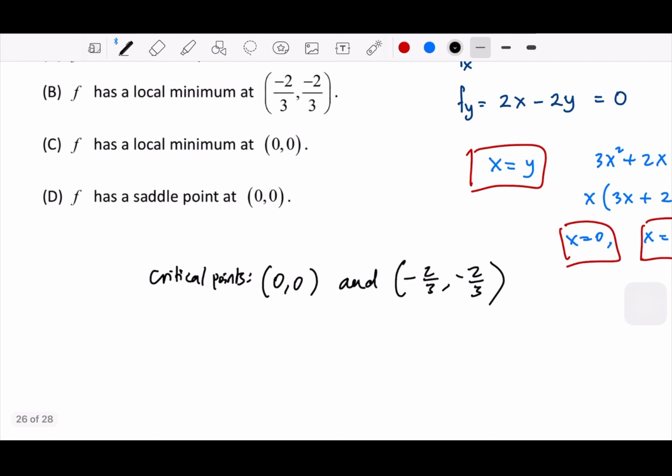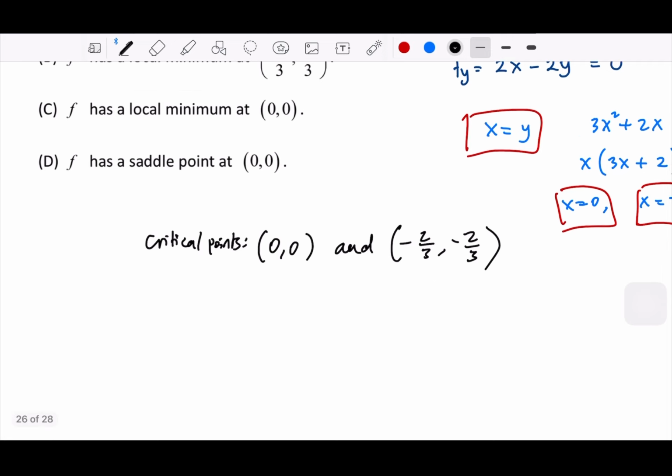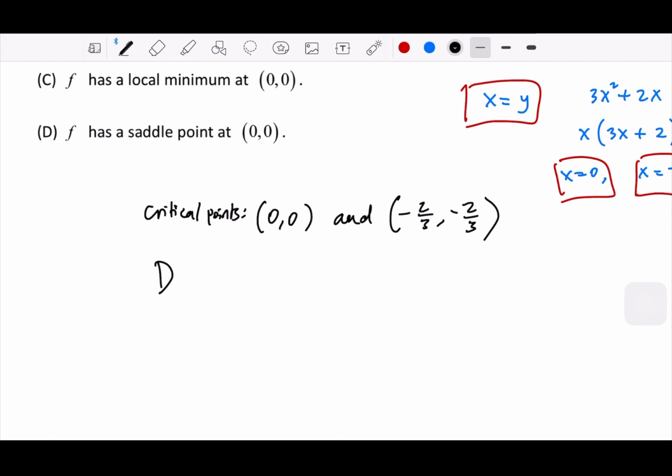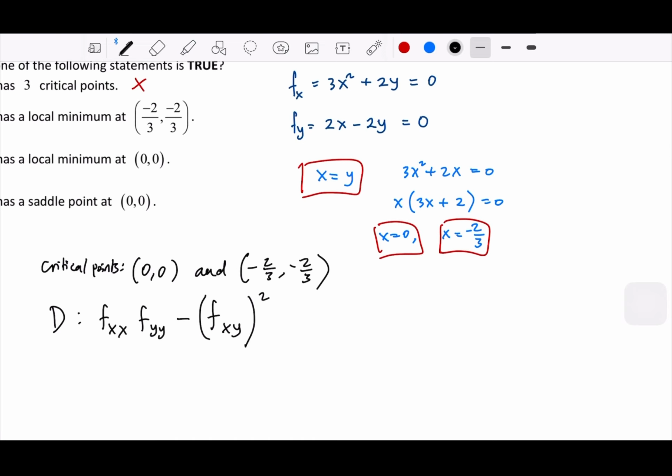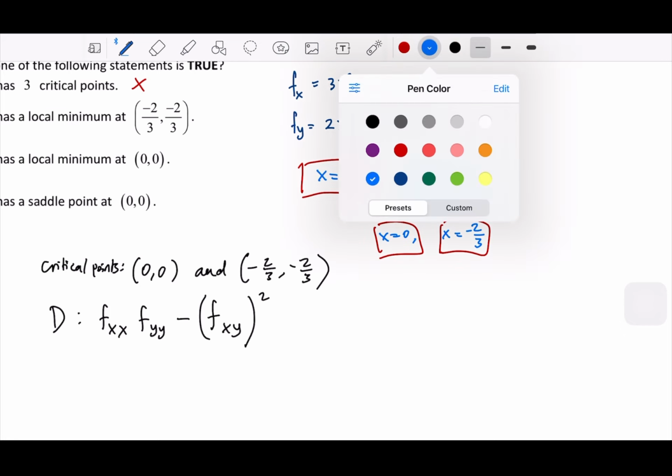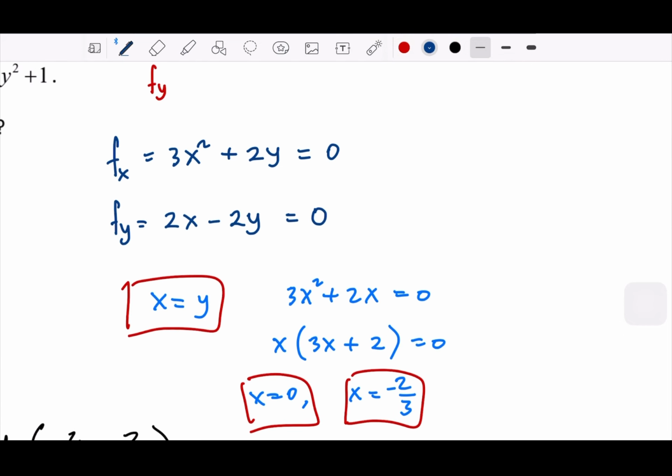Okay, now we check the determinant. So partial xx times partial yy minus partial xy squared, right? Okay, now we can take this into our solution from here. Partial xx will be 6x.